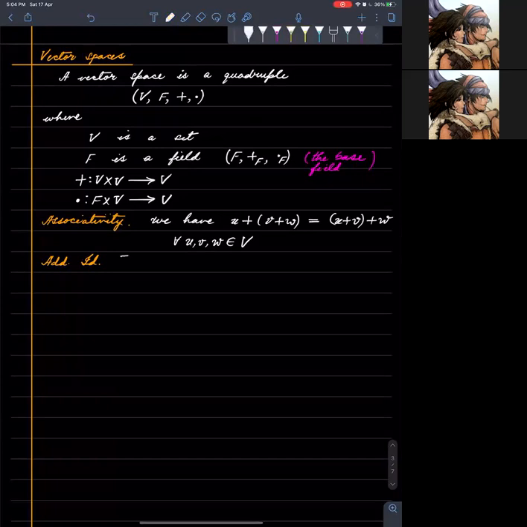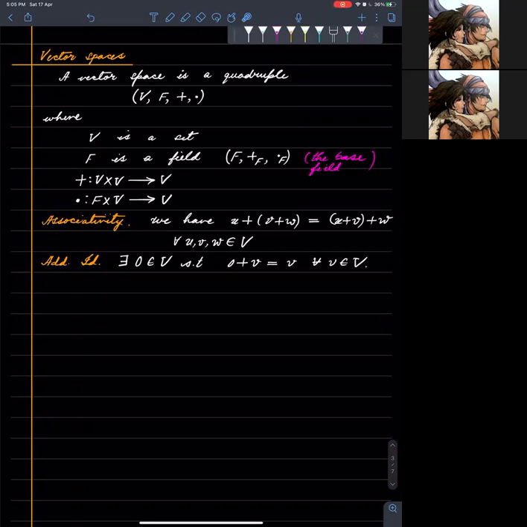Additive identity says that there exists a vector, which again we confusingly refer to by 0, such that 0 plus v equals v for all v in V. So do not confuse this 0 with the 0 of F. We use the same symbol for them.